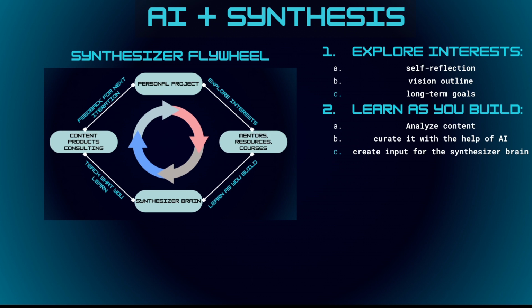For Twitter content, we can extract templates of successful posts that we will use for our content. We can also use it to create a content strategy for our social media, right? So we are essentially using AI as a co-pilot to analyze and curate content faster.